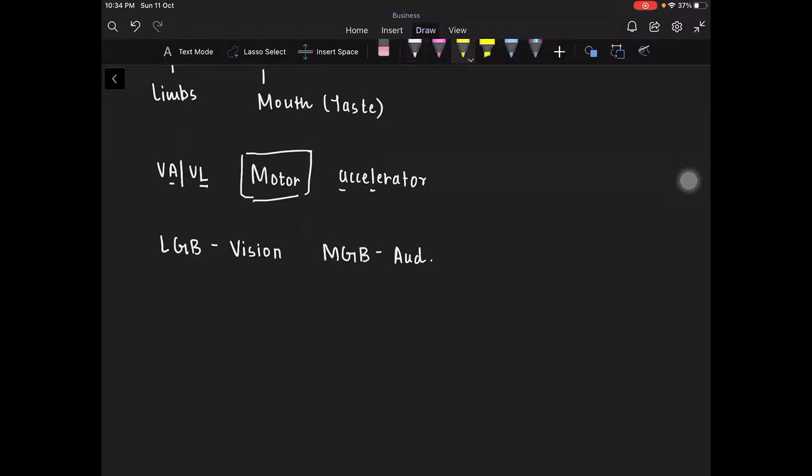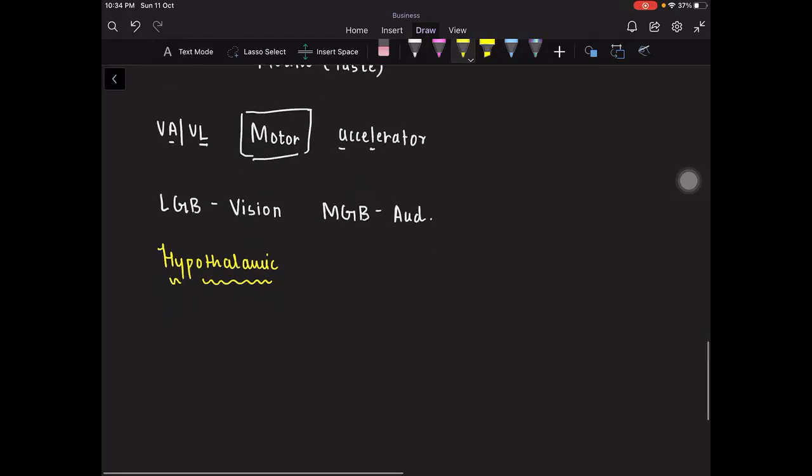Now moving on to the hypothalamic nuclei. The lateral one, remember, lateral is responsible for let's eat.